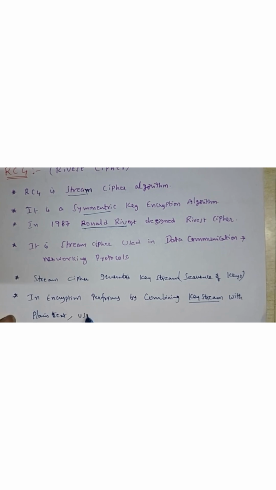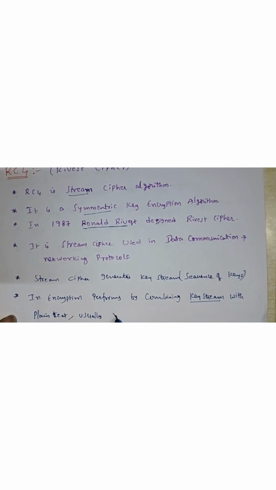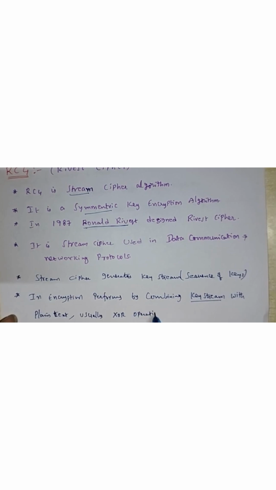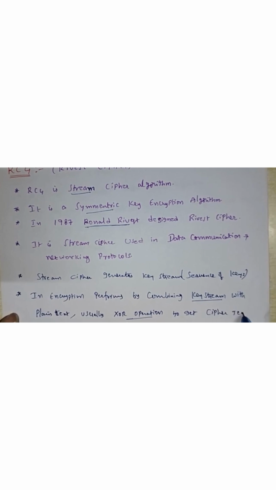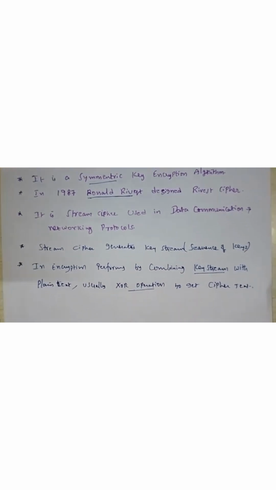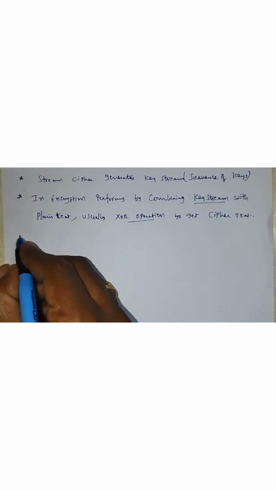Usually, it performs an XOR operation to get the ciphertext. Here the RC4 algorithm mainly follows 3 steps.